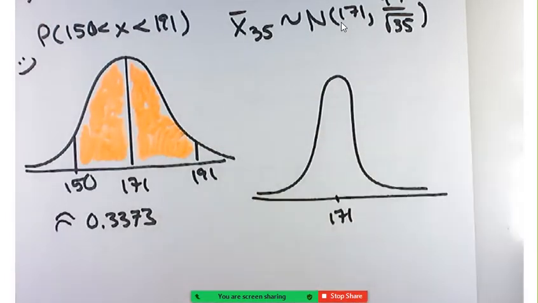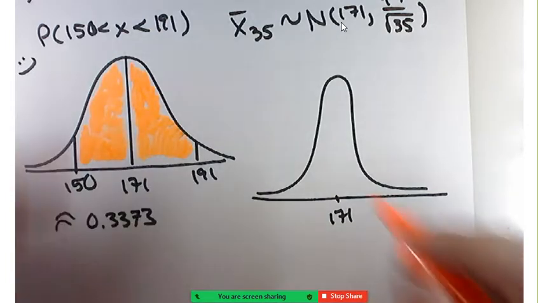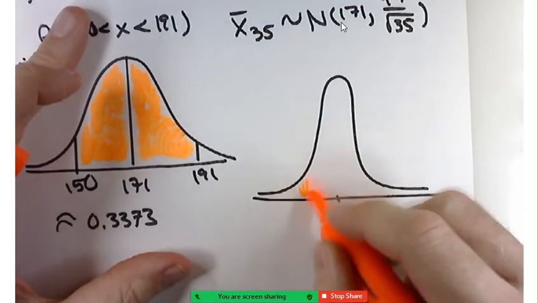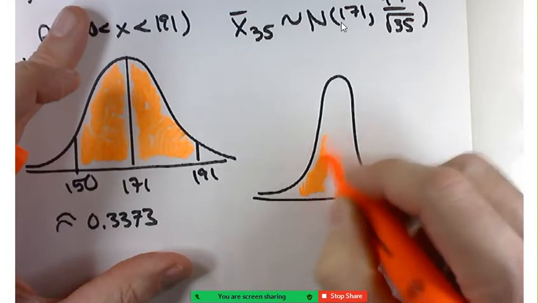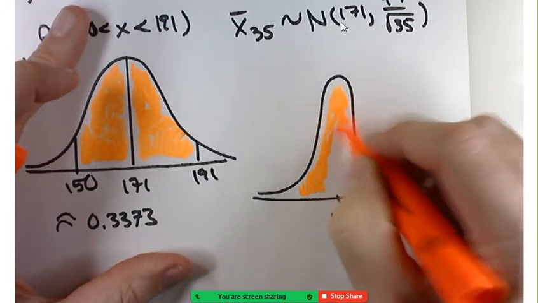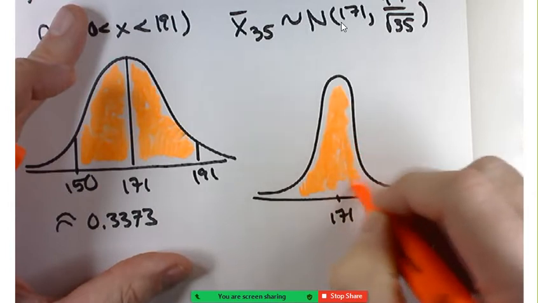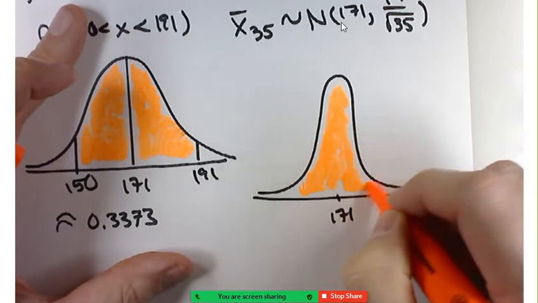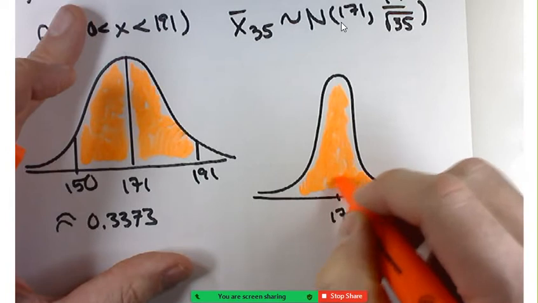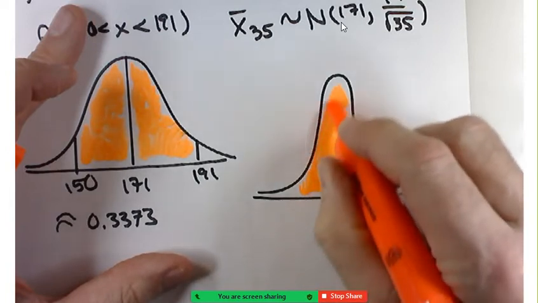Here, things are more spread out. Here, they're more concentrated. So what that should mean is that more of the area should be between 150 and 191 in this distribution as opposed to our last distribution. It's tighter. More of that area is crammed closer to 171 and in our interval.